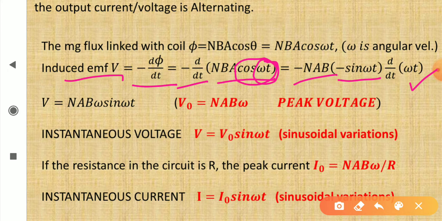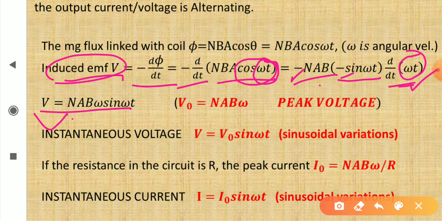This is called function of function. Now the differentiation of omega t will be only omega because it is constant. So this omega also comes outside, and the minus multiplied gives you positive sign. So you get V is equal to NAB omega sin omega t. The induced EMF V is equal to NAB omega sin omega t.